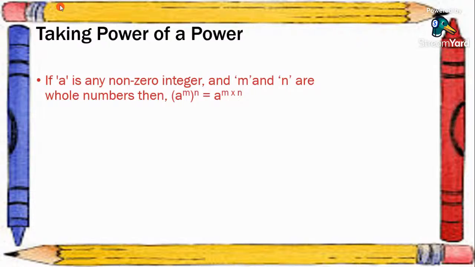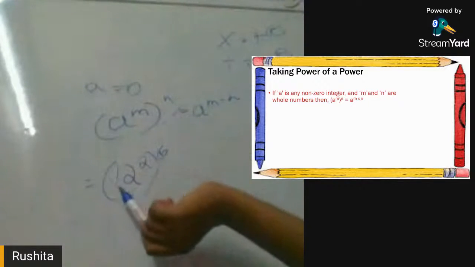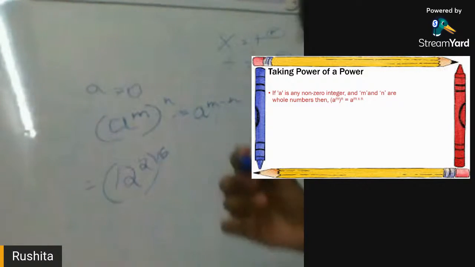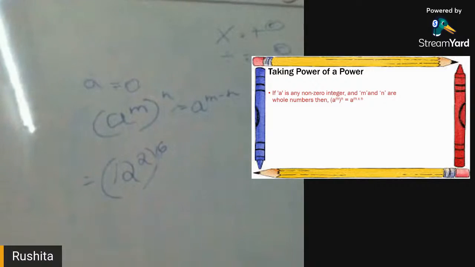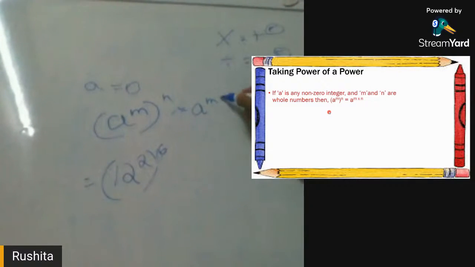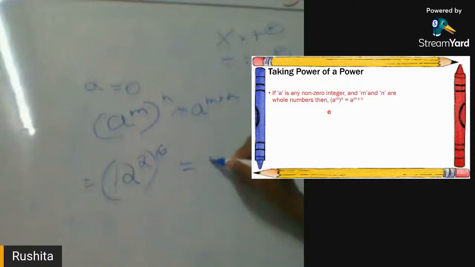Now what are they doing here? They are doing a to the power of m into n, not minus n. Understood? Now here also we are going to do the same.